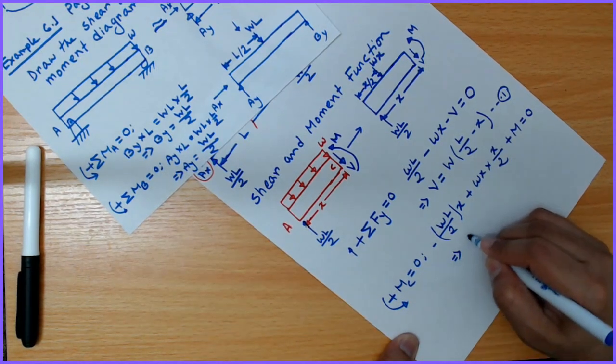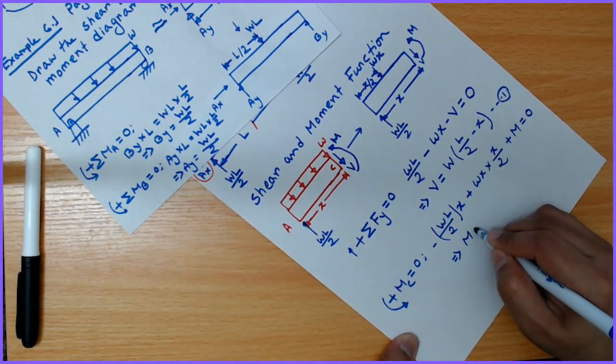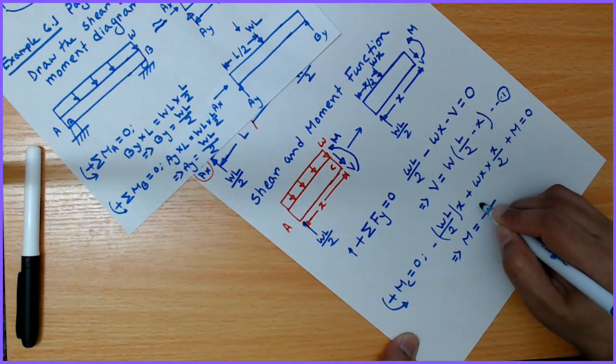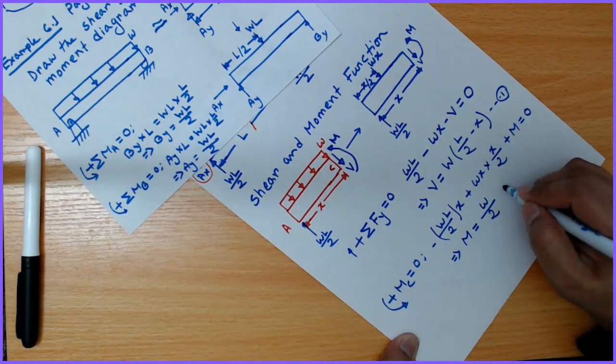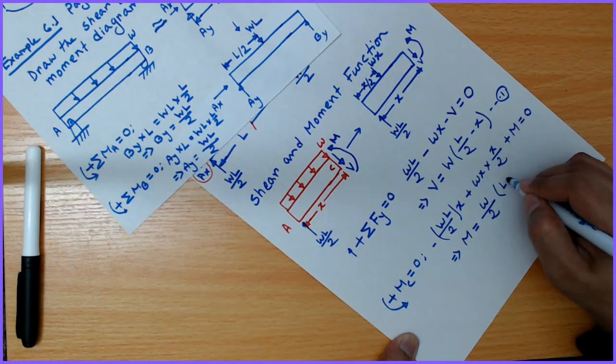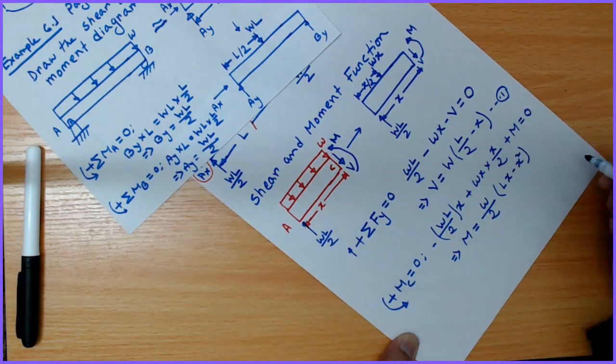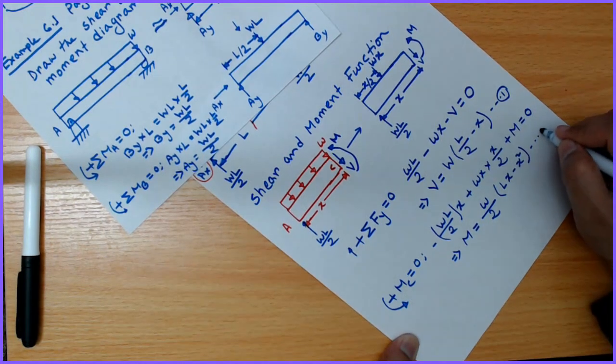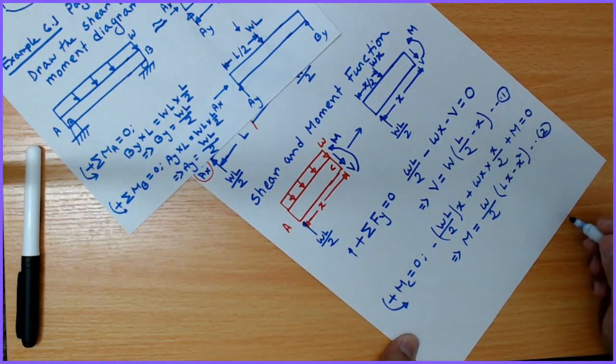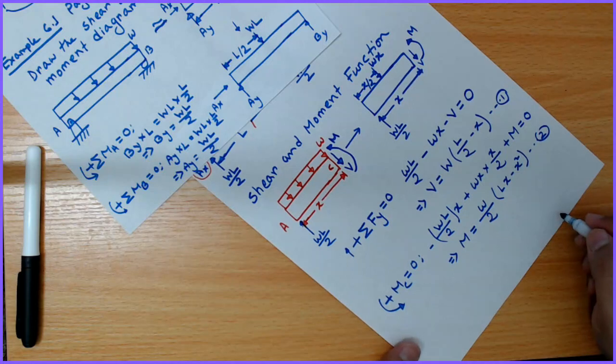If I rearrange this equation, I can write M equals W by 2 times (LX minus X square). So this is my equation number 2.